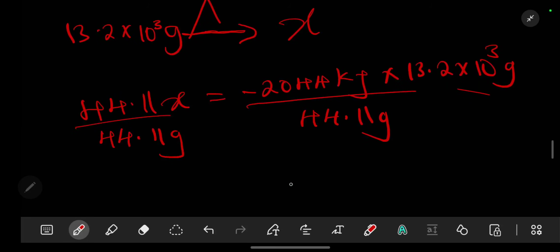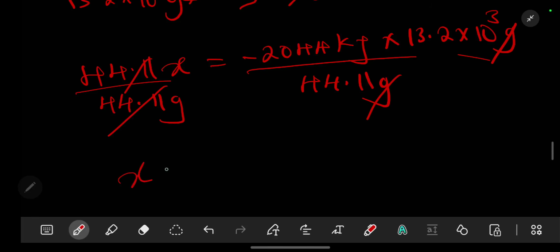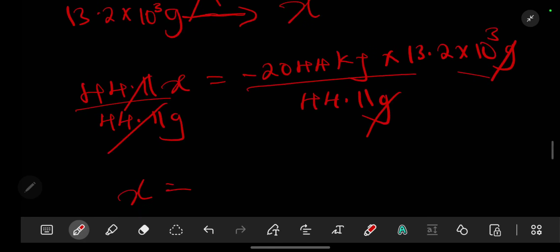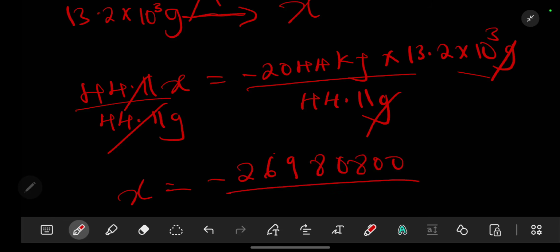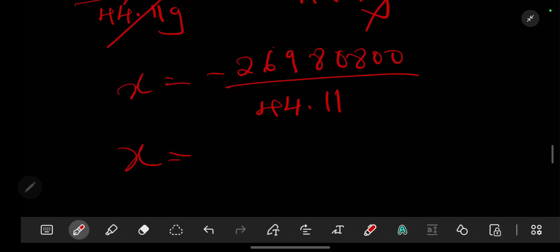So this is going to give us a value, x is equal to, on top, negative 2044 times 13.2 times 10 to the power of 3. This gives us a value of negative 269,808 divided by 44.11.